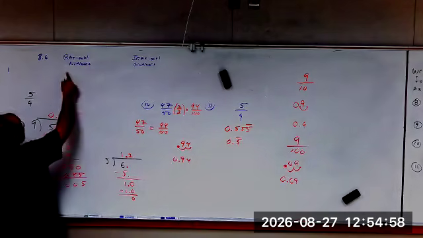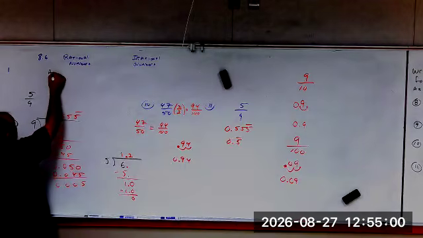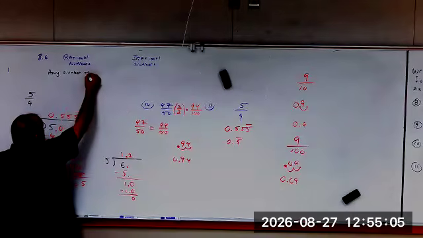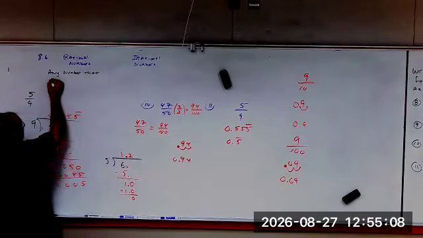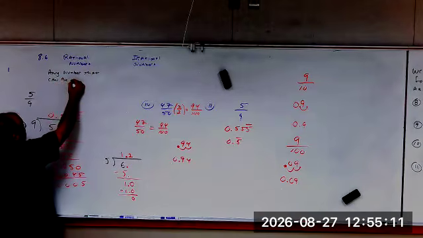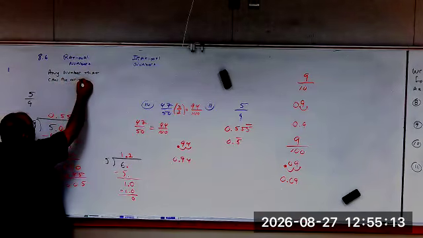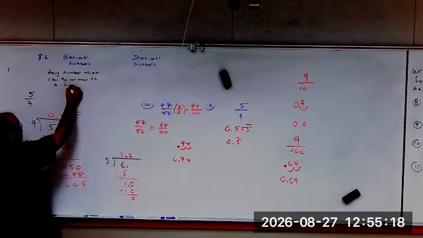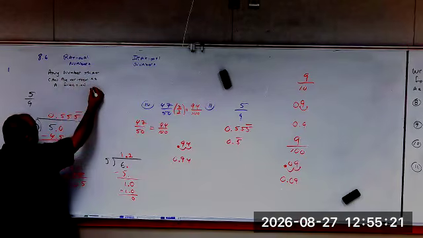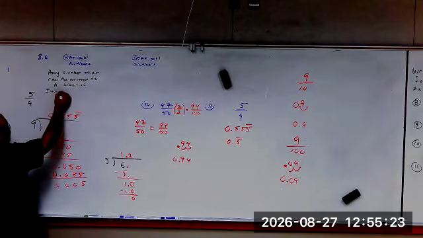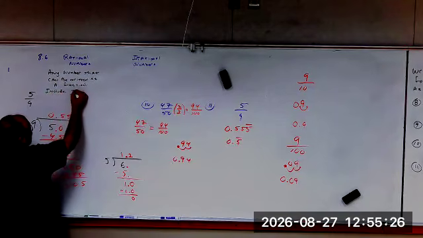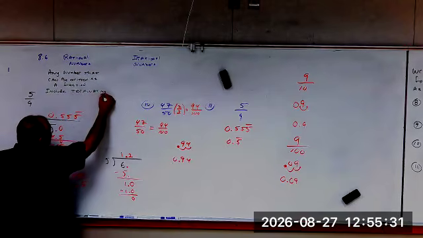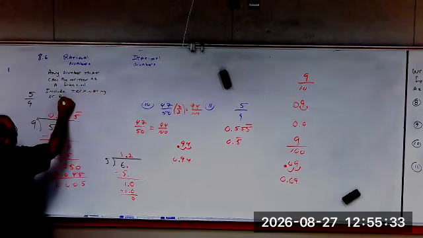Rational numbers. Rational numbers are any numbers that can be written as a fraction. And they include terminating or repeating decimals.